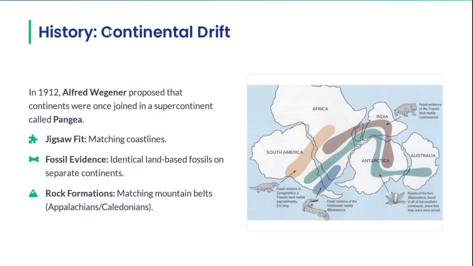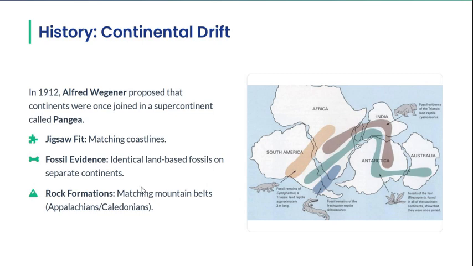Next, we're going to talk about continental drift. Before the continents, we had the seven continents. Alfred Wegener proposed that the continents were once joined into a supercontinent called Pangea. That's because he looked at the coasts and saw that they fit like a jigsaw.